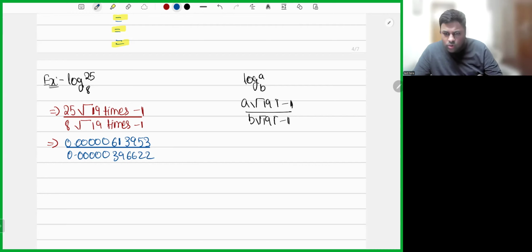Directly in this case, you can also use the divide and equals keys, and you will get the answer. There's no issue. You need not write it in your book and you can do that.